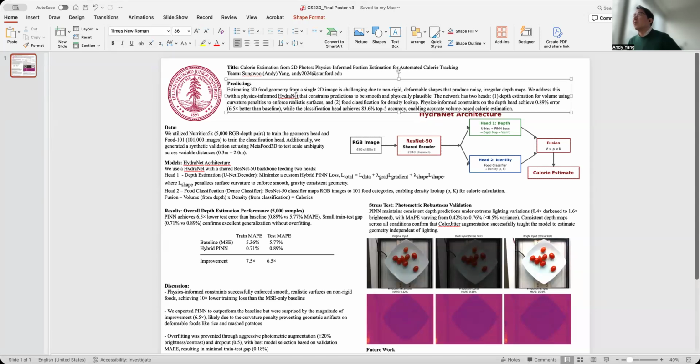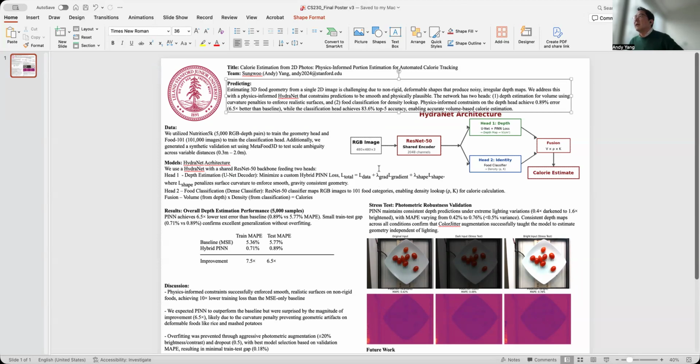So I focused on improving it, in particular the volume estimation. I focus on the depth estimation, meaning the distance from the lens to the food, and try to improve that by improving the algorithm, and that improvement will improve the volume and eventually the calorie calculation.